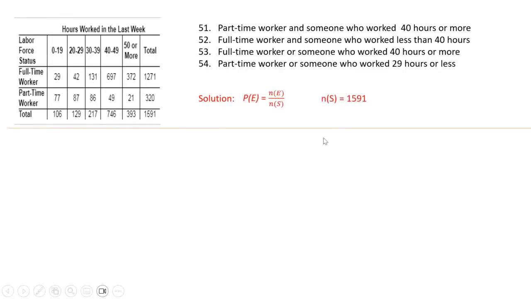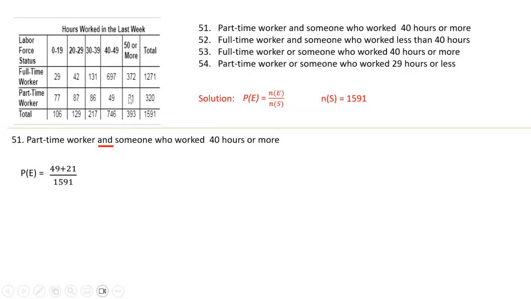Again, same thing as before, that's my sample space. So a part-time worker and someone who worked 40 hours a week. So part-time worker is 320, but who worked 40 hours or more. So it's going to be 49. The word and means intersection.